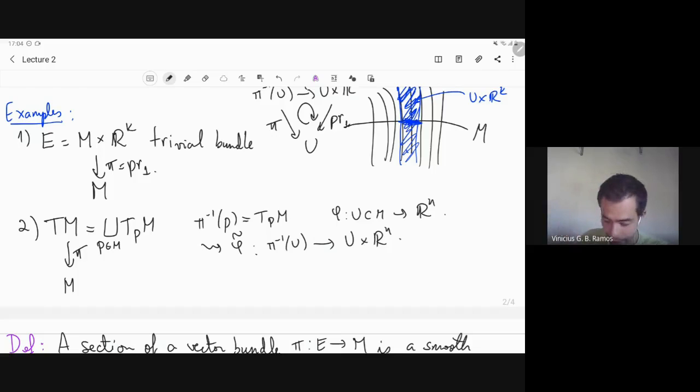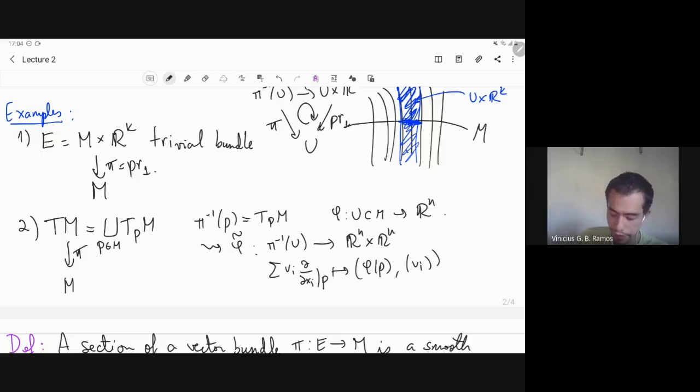Actually, last time I wrote a map to R^n times R^n, where you took the sum of v_i d/dx_i at p and sent it to phi of p. So I just wrote the chart for the tangent bundle.